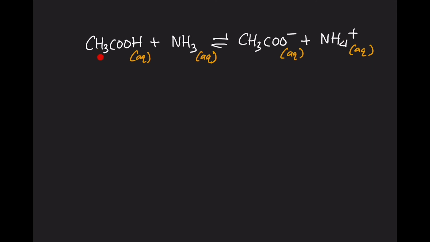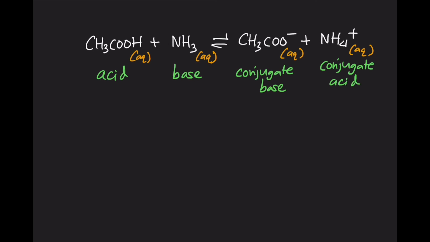So per definition, CH3COOH donates its H+, NH3 accepts that H+, and therefore we can say that CH3COOH is an acid and NH3 is a base. On the other hand, we can say that CH3COO- is a conjugate base because it was once an acid, and NH4+ is the conjugate acid because it came from NH3.